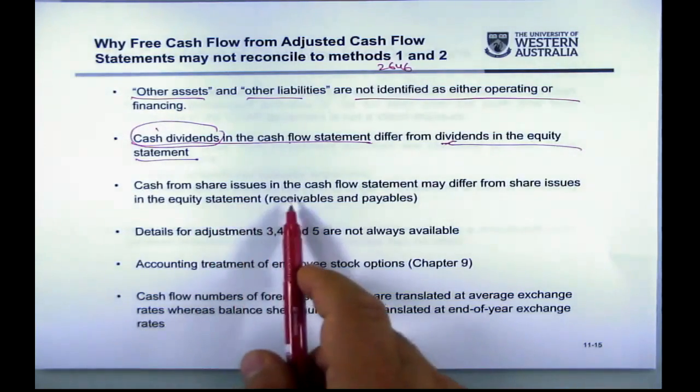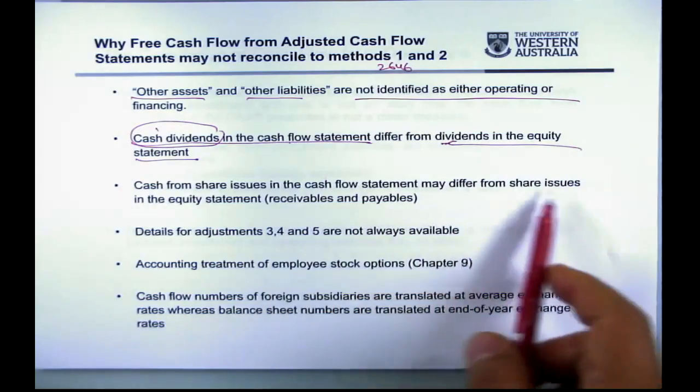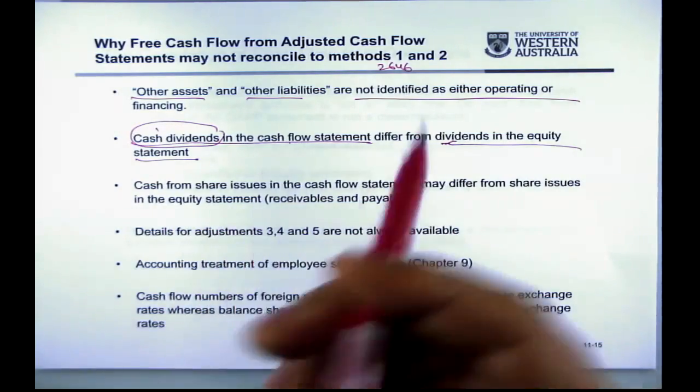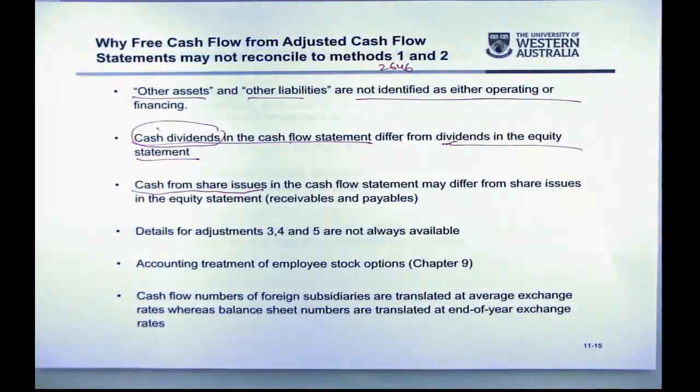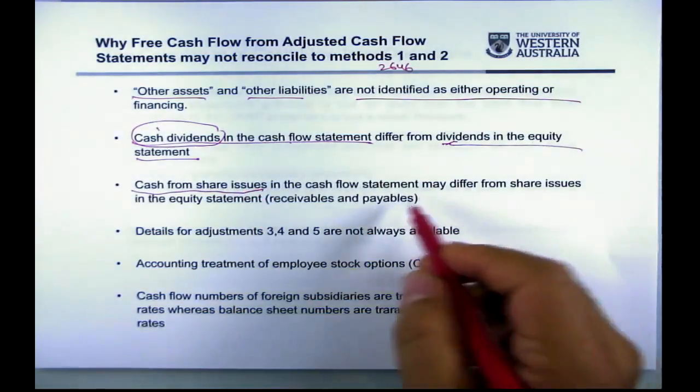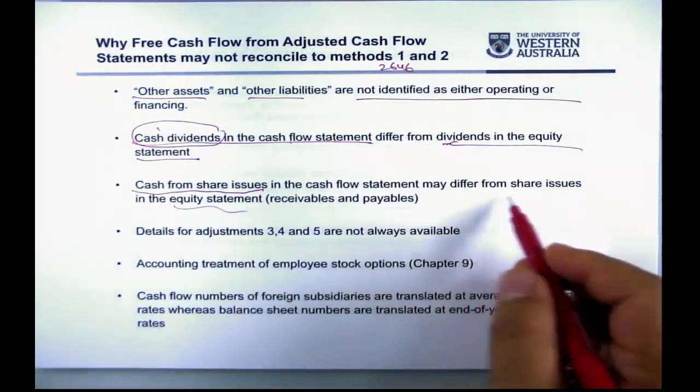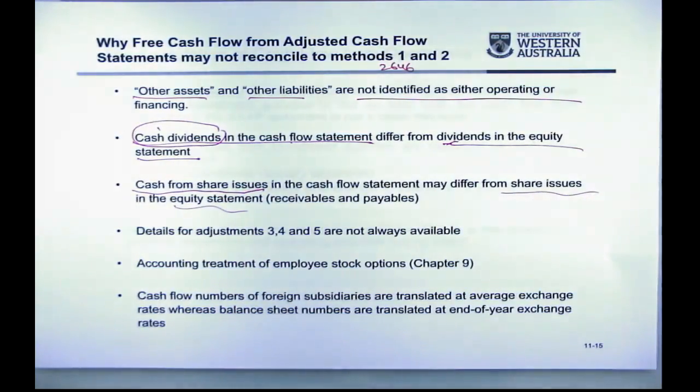Cash from share issues in the cash flow statement may differ from share issues in the equity statement. Again, this is actual cash raised when the shares were issued. But here in the equity statement, the firm will report the value of these shares, although some of the proceeds haven't been received from the shareholders till now. Okay?